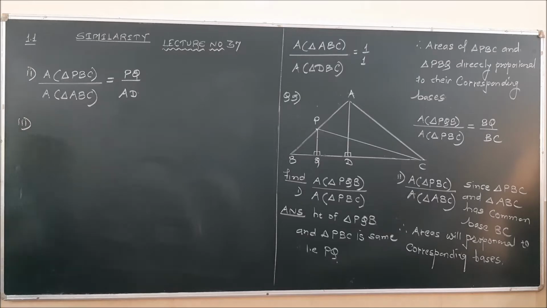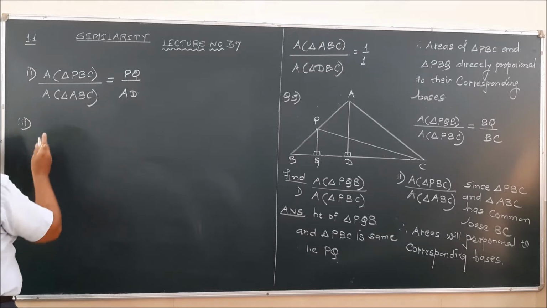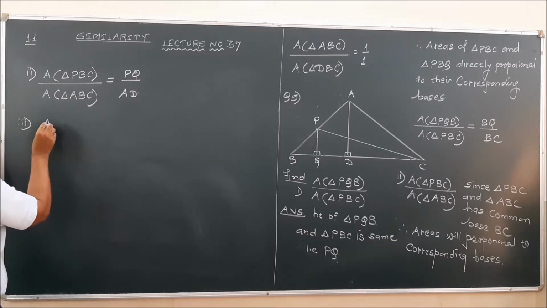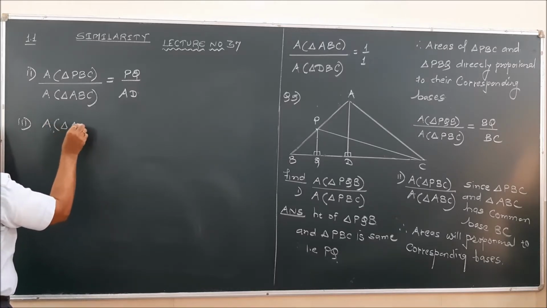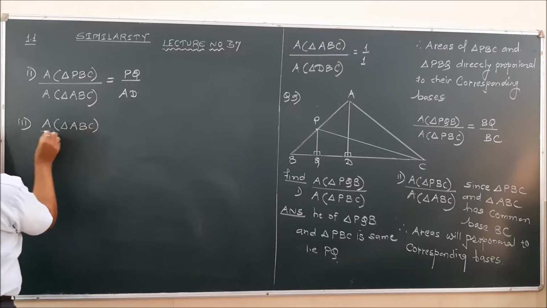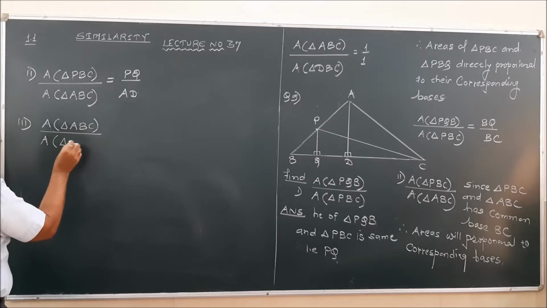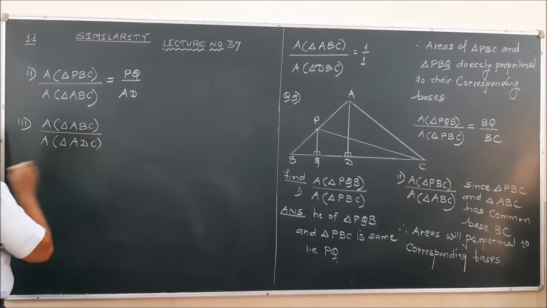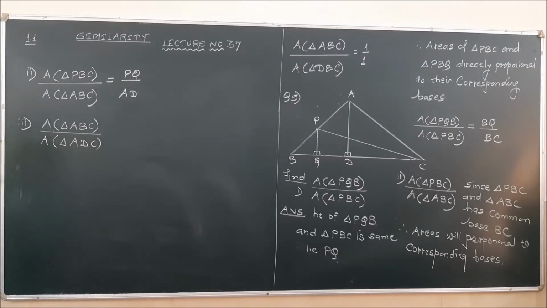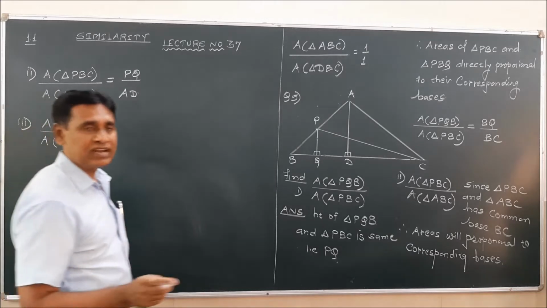Third one is to find area of triangle ABC upon area of triangle ADC. If I look at the figure, please try to understand.